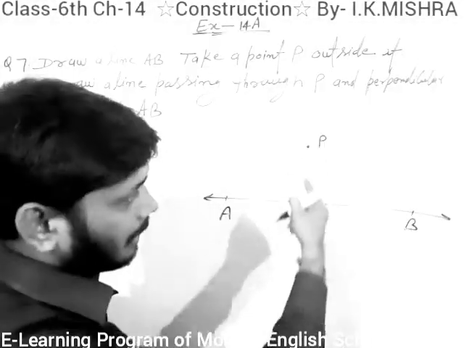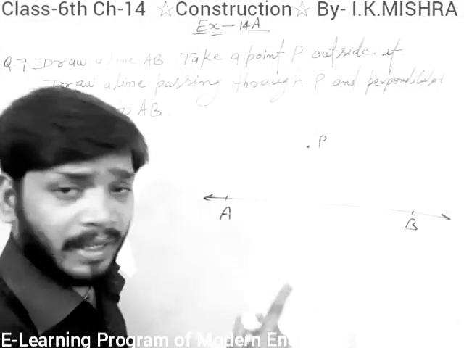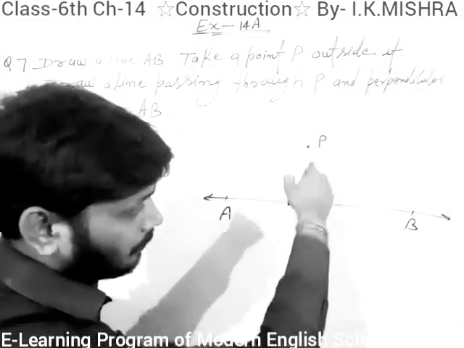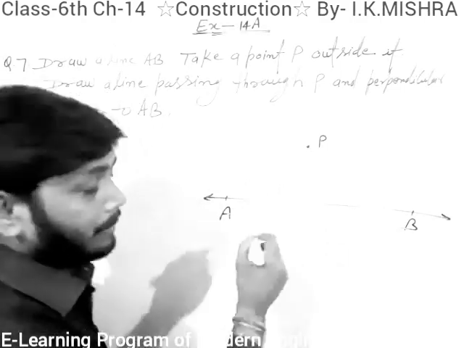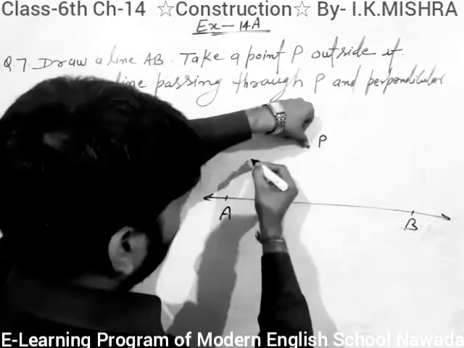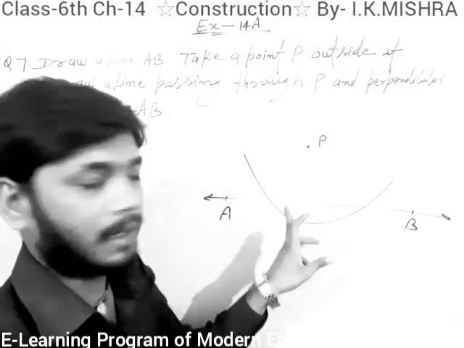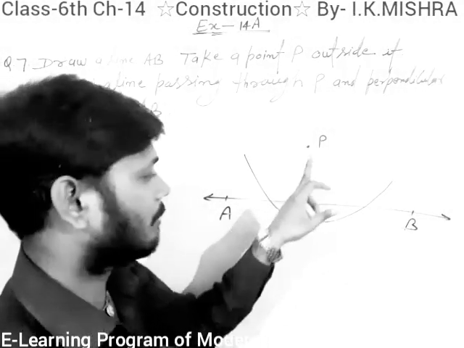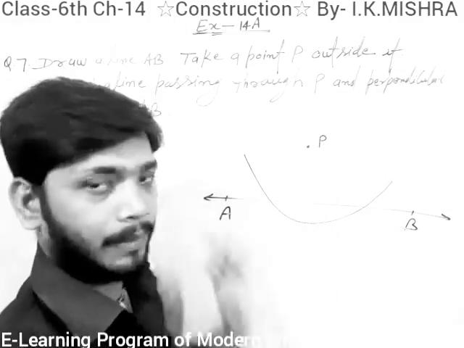Draw an arc with a radius more than the distance of P from AB. So students, here put the compass and draw an arc. Here an arc is drawn, whose radius is more than the distance between P and line AB.